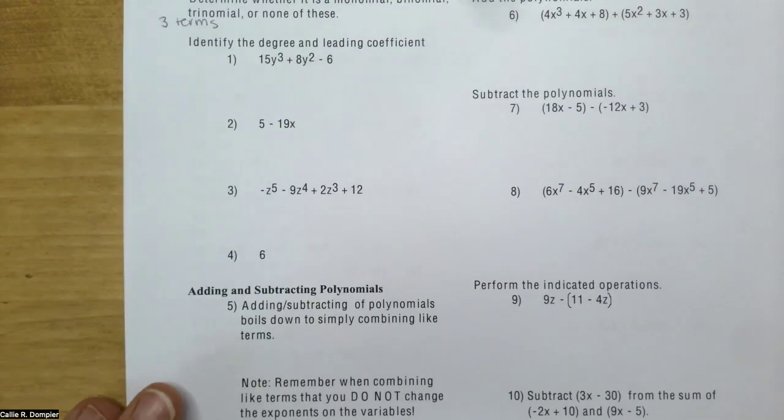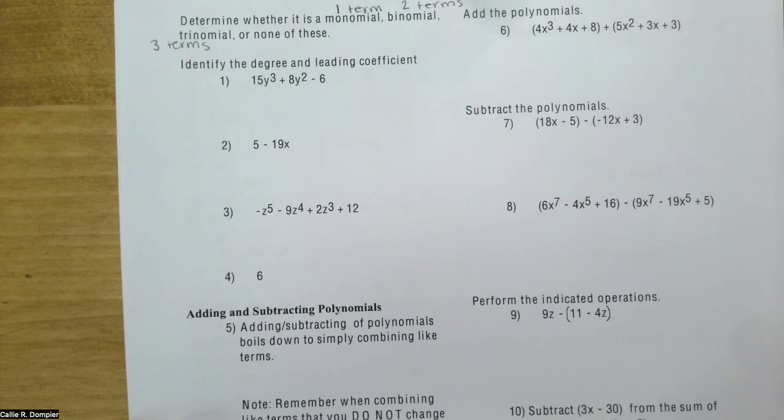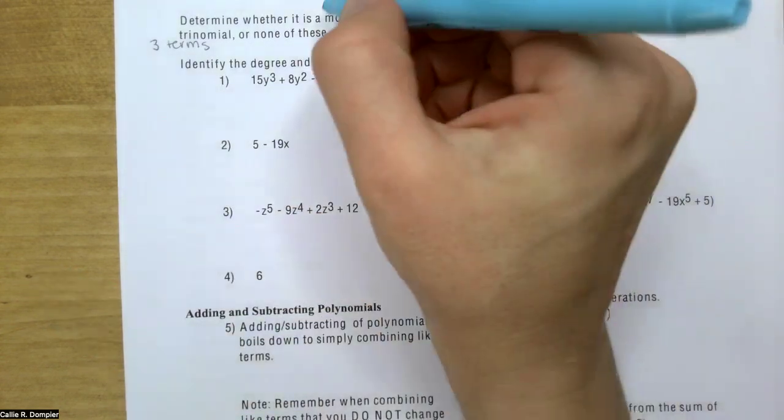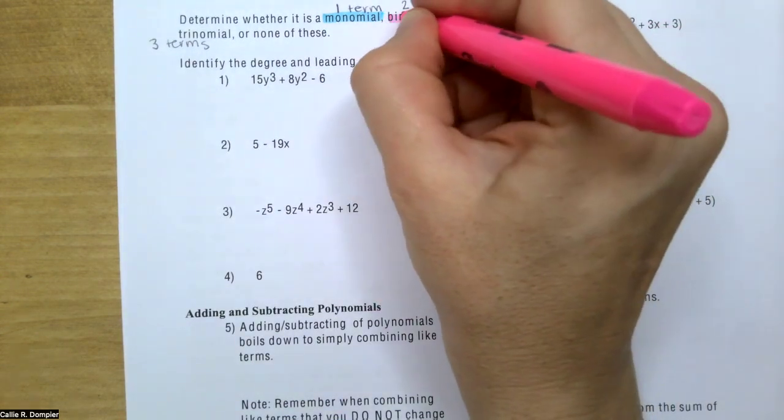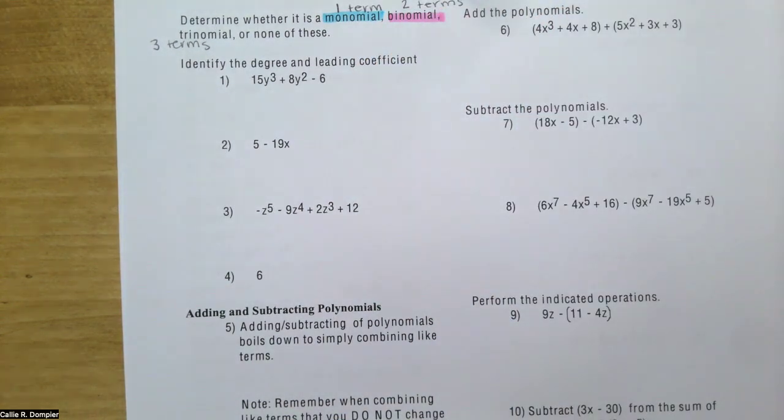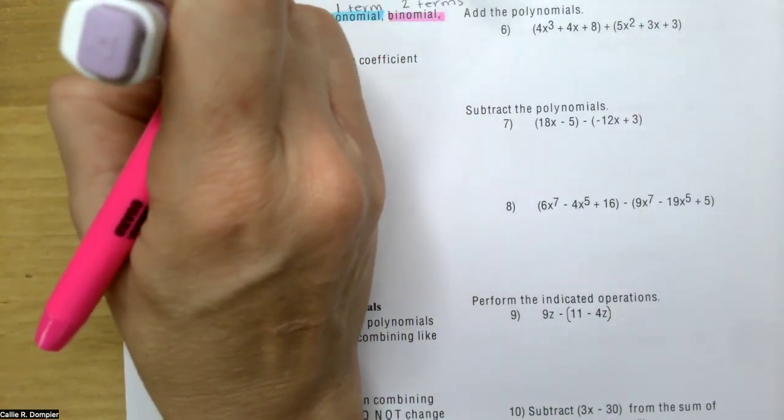Good? All right. So first, let's say whether it's a monomial, binomial, or trinomial. Monomial has 1 term. Binomial has 2 terms. Trinomial has 3 terms.